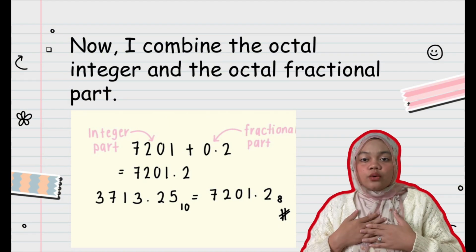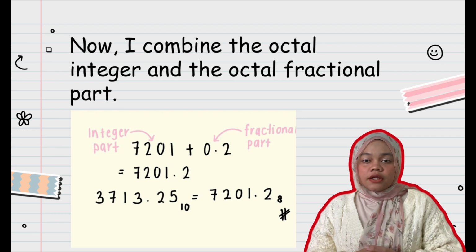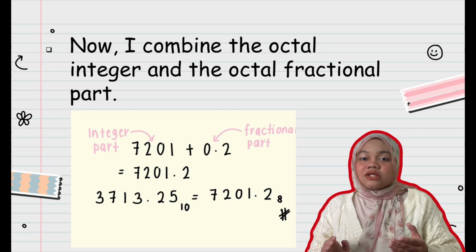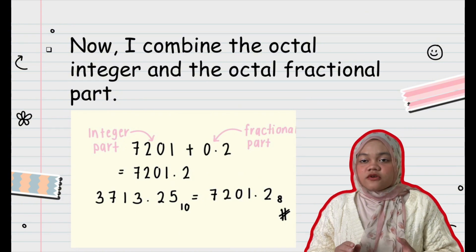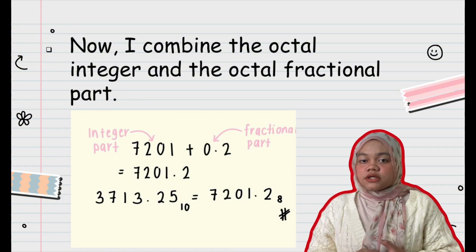Okay, now I combine the octal integer part and the octal fraction part, where the octal integer part is 7201 and the octal fraction part is 0.2.